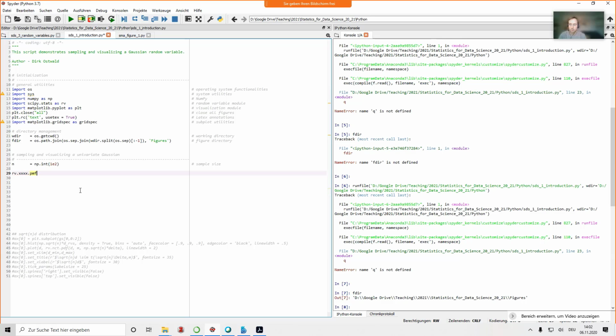Again, depending on whether it's a continuous or discrete distribution, and you also get the CDF, so the cumulative density or distribution function, and you also have the inverse CDF, which is not called ICDF, which would be sensible, but which is called PPF.